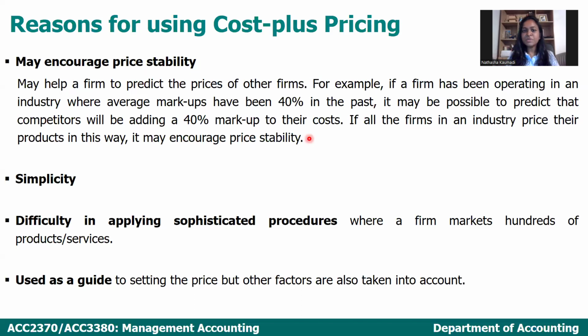So all firms will do the same in the industry. If all the firms in an industry price their products in this way, it may encourage price stability because all firms are adding somewhere around 40% markup. There won't be big differences in the cost as well.